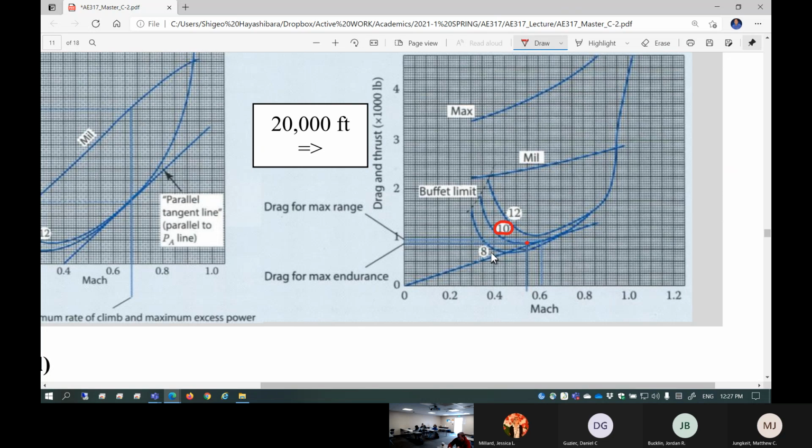Of course, the airplane weight is different, since we are using average weight, and also this is a different altitude. So the Mach number is different. Let's read off here. This is 0.5 something. That's 0.54. And here, this is the maximum range, 0.6.